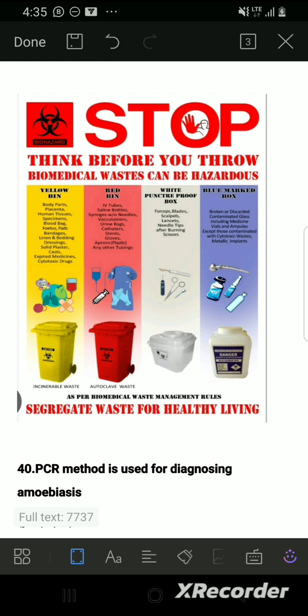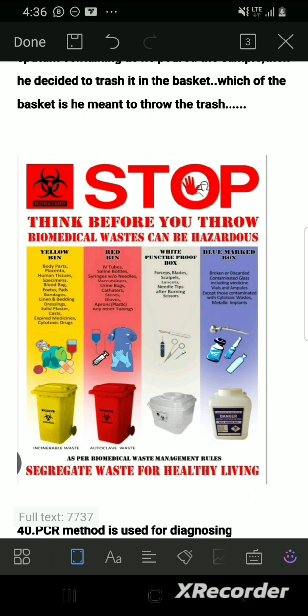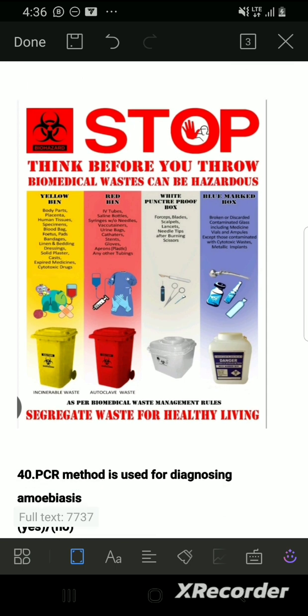So now the question still remains, where do we trash our collected sputum? We trash it in the yellow basket because it involves body parts and it's a collection gotten from the body. It requires a safe keeping bin.